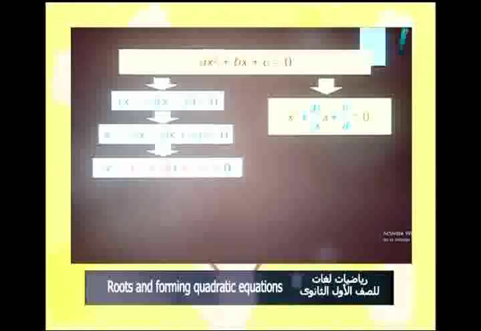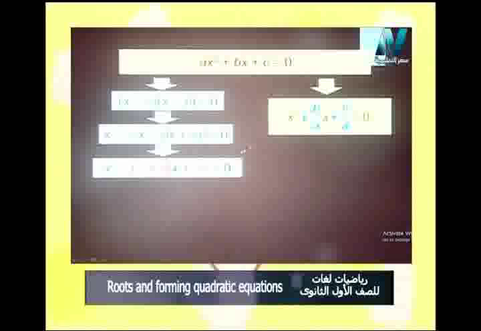Okay, by comparing this, we have here x power 2, here x power 2. And we have here the coefficient of x now b over a. And here the coefficient of x equals negative alpha plus beta, which is the negative of the sum of the two roots.